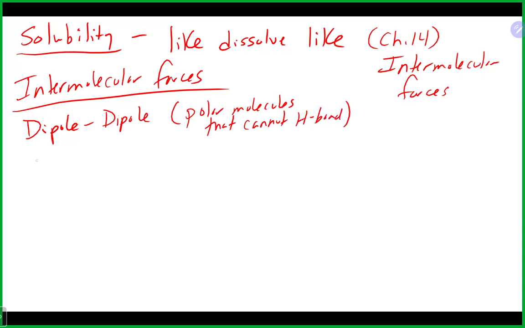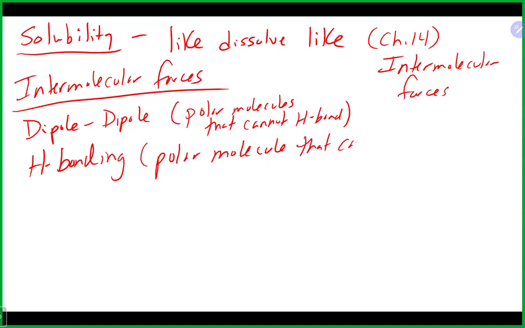Speaking of hydrogen bonding, that's another very strong type of intermolecular force. So hydrogen bonding is also the main intermolecular force for a polar molecule that can hydrogen bond. And really, hydrogen bonding is a form of dipole-dipole interaction.